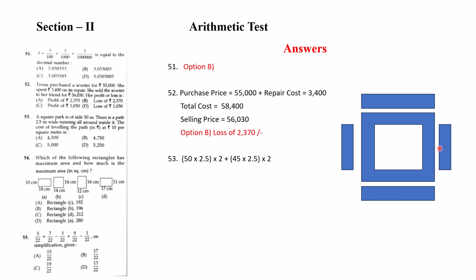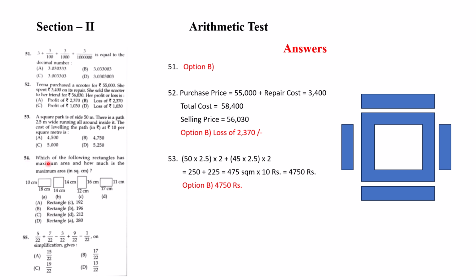Another two rectangles we have whose length is 45 and width is 2.5. When we take the area of those rectangles, in total it is going to be 250 plus 225, that is 475 square meters. Now for each square meter we have to spend 10 rupees. Therefore 475 into 10 would be 4750 rupees. Therefore the correct answer for question 53 would be option B.